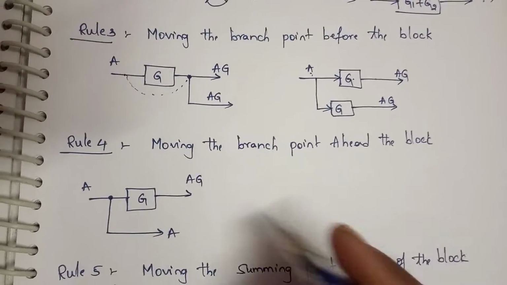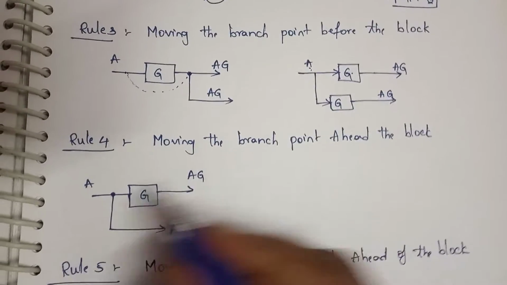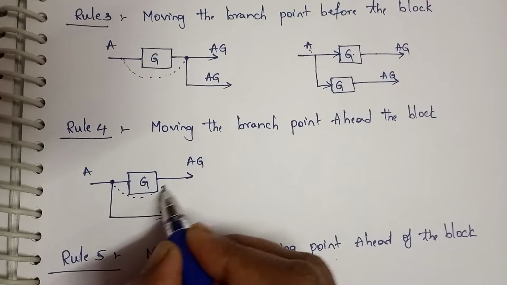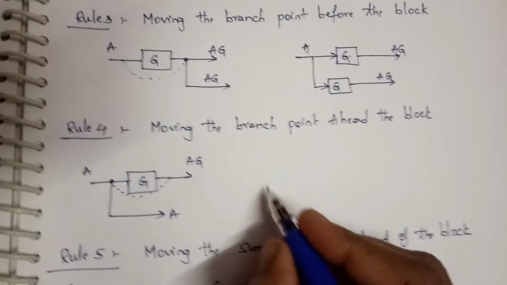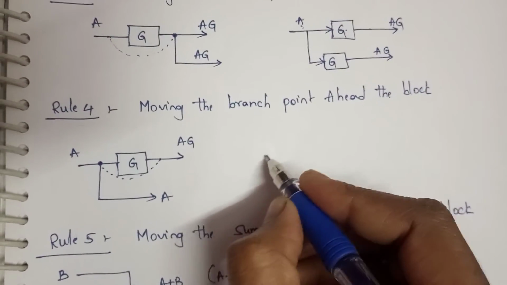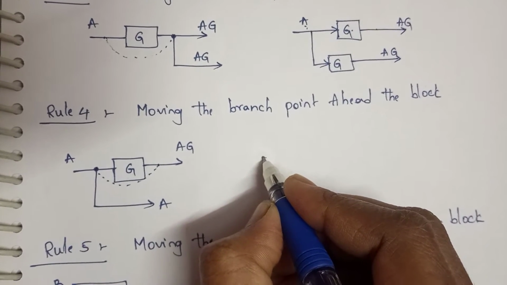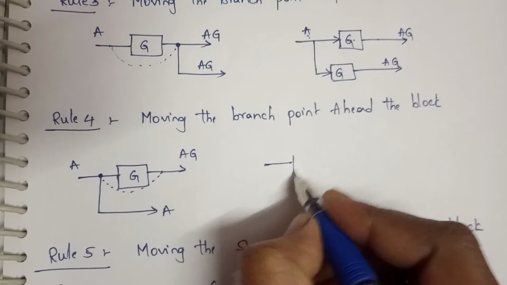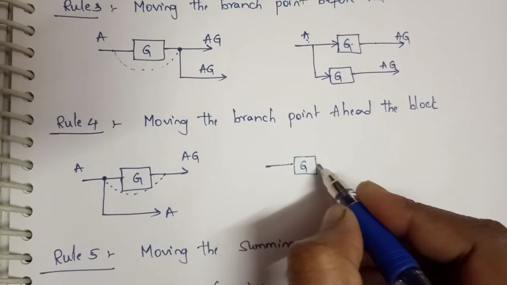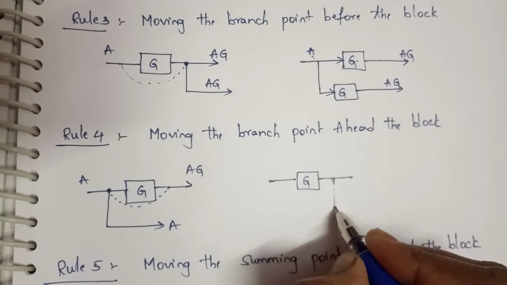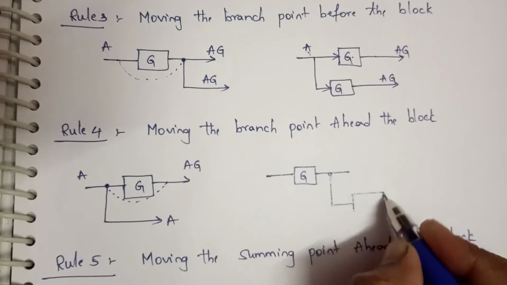Next, moving the branch point ahead of the block. This is the branch point and we need to move it before the block. Once the branch point is moved ahead, the block gets changed here.